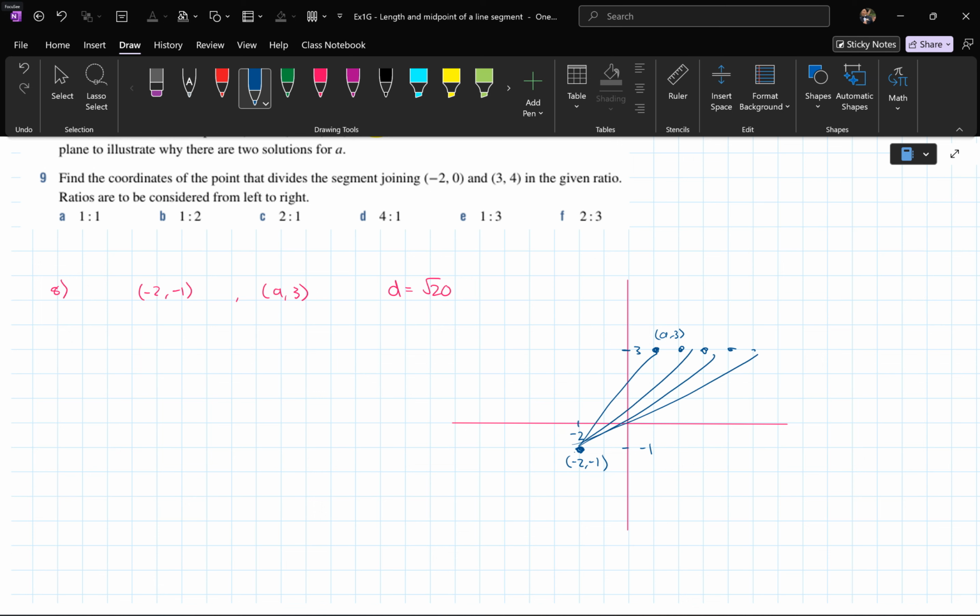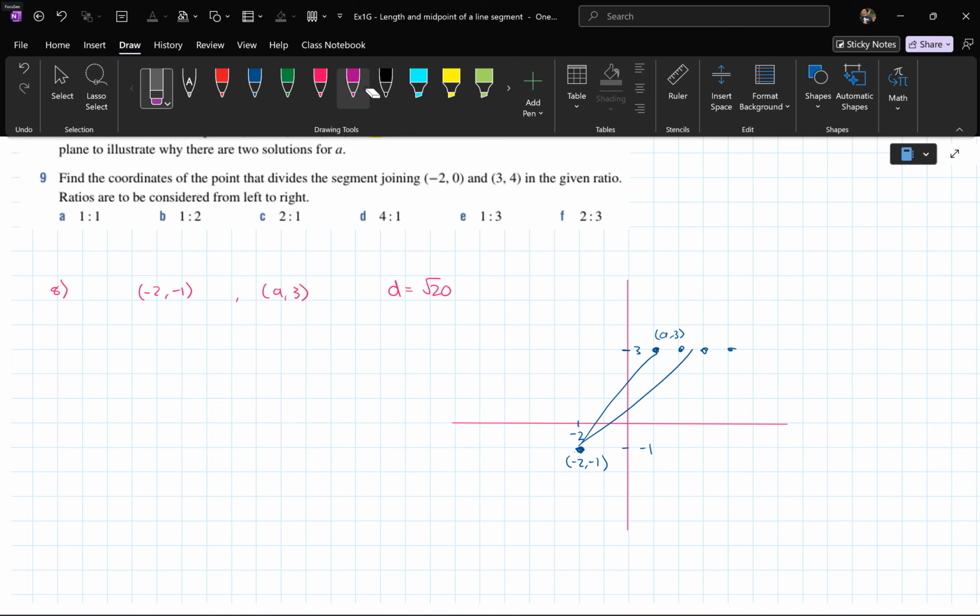But the difference is that the further out I go, so let's say I went all the way out here, (A, 3), that distance is much longer than these other ones that I just picked. So why are there only two possibilities where (A, 3) can work?